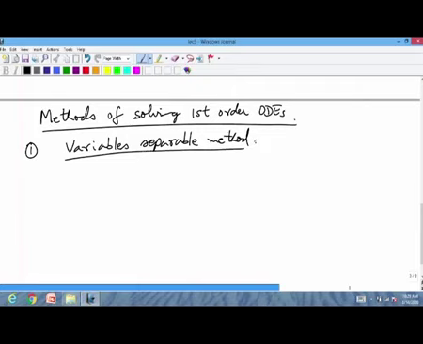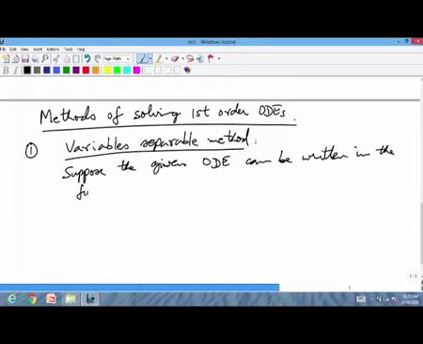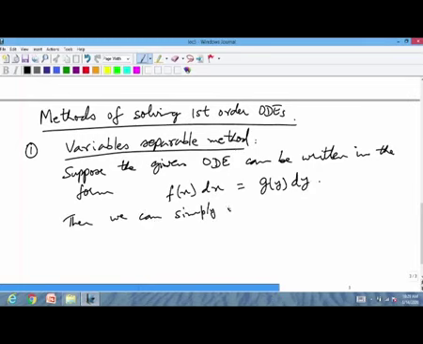So, in this method, suppose the given ordinary differential equation can be written in the form f x dx equal to some g of y dy, then we can simply integrate both sides.